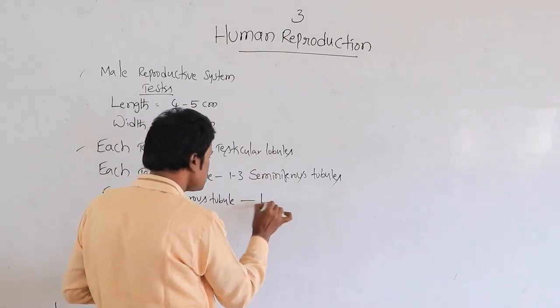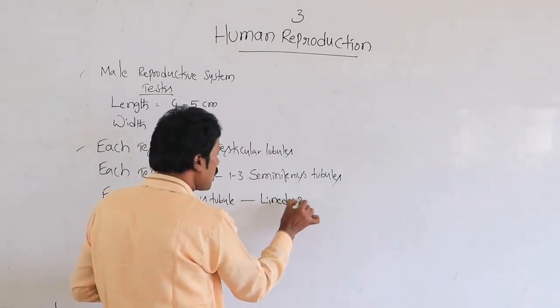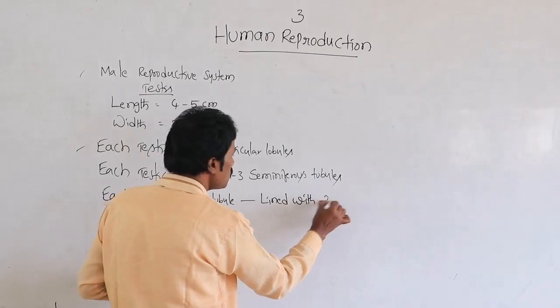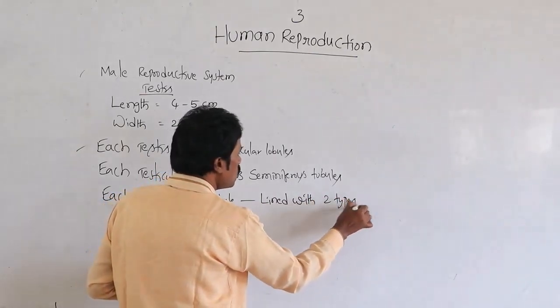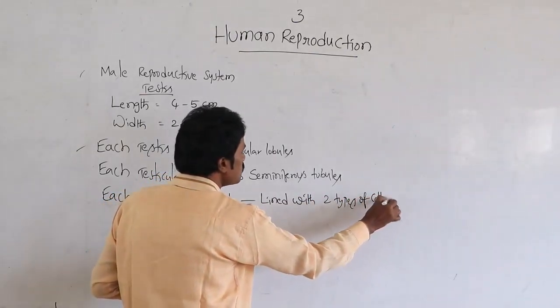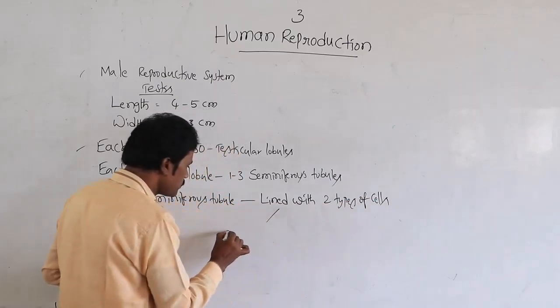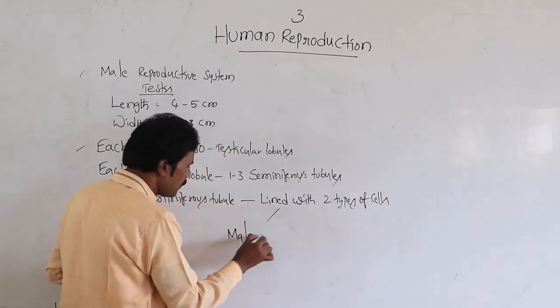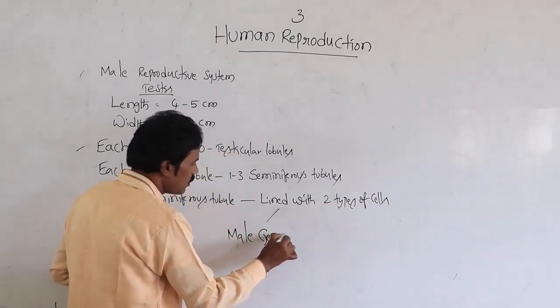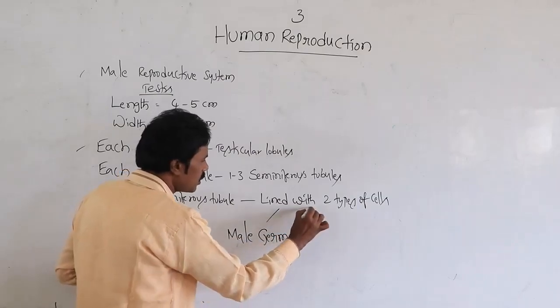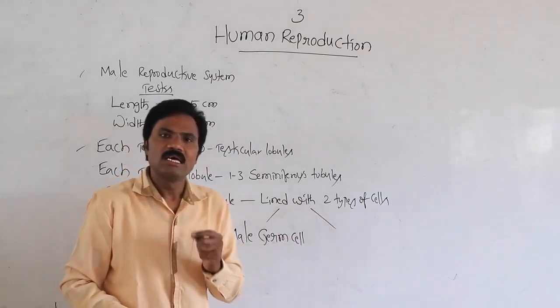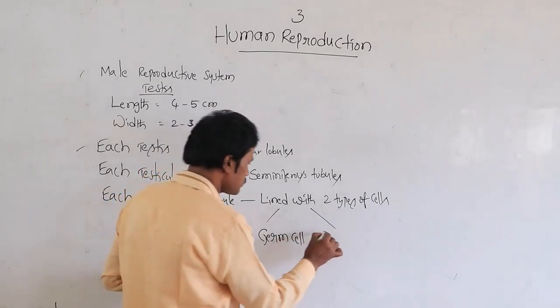It is lined with two types of cells. One is the male germ cells. Another one is the Sertoli cells.